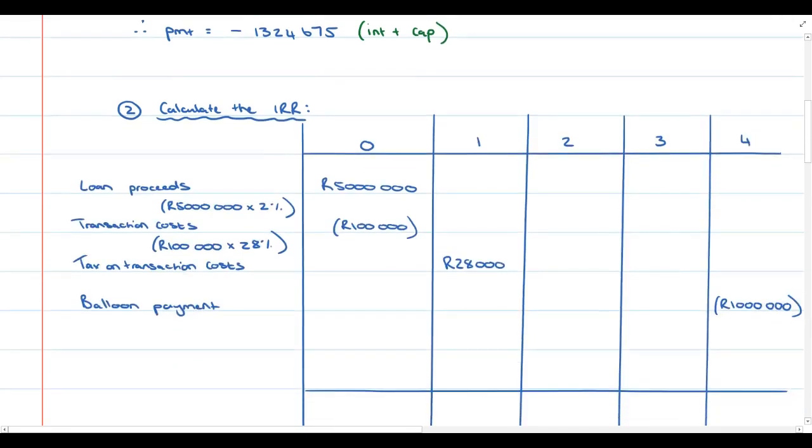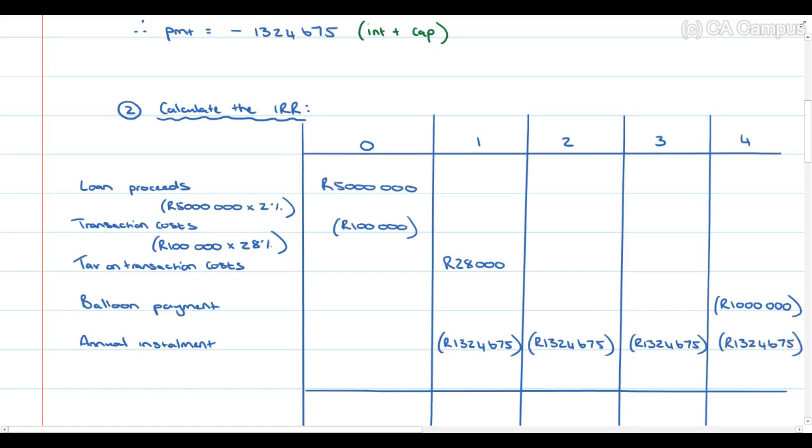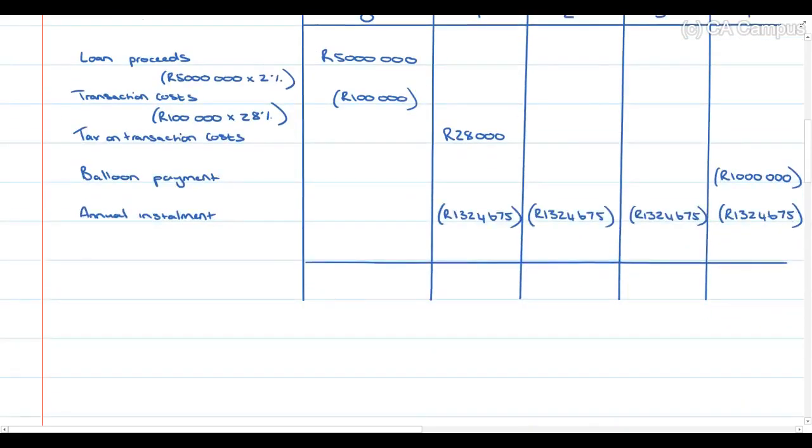And annually, they have an installment of 1,324,675. Then the only cash flow that we have not yet considered is tax.